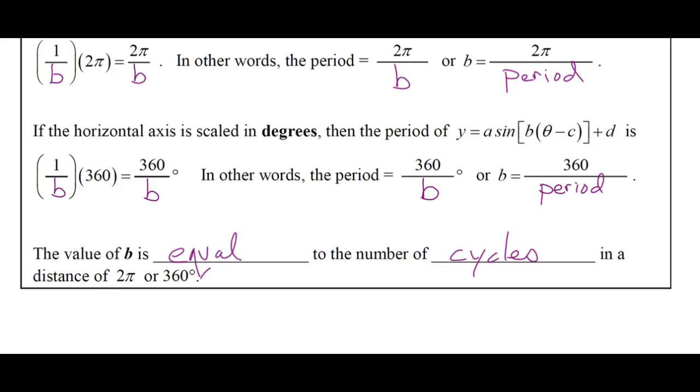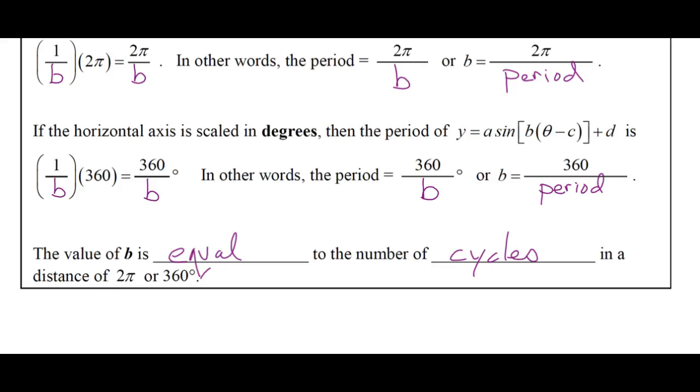But if you can identify a chunk of the graph, 2 pi along the theta axis, and one end of that is the starting point of the graph, then you just have to count how many cycles are in 2 pi. You'll get the value of B.